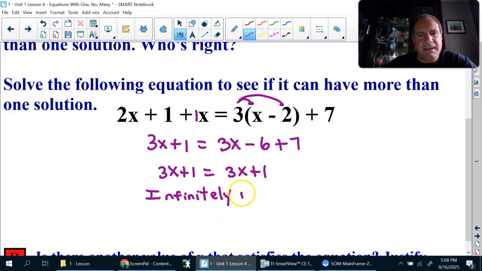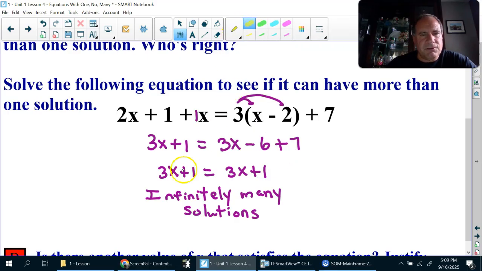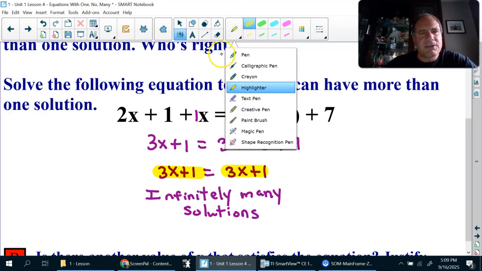Since you have the same expressions on both sides, it's infinitely many solutions. They are the same. So I'm going to highlight this one and this one. Same expressions.